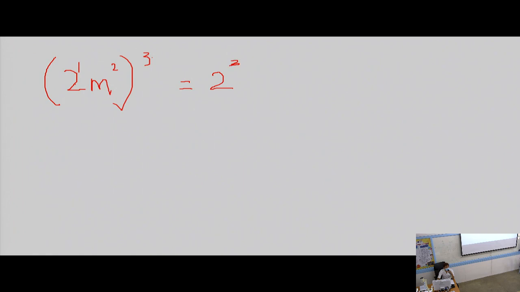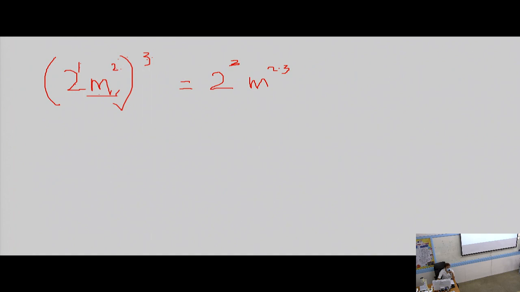How about m to the power of 2 to the power of 3? That is m to the power of what? 1 times 3, right? Because this is the exponent. The exponent of 2 is 1, so that is 1 times 3. While m, the power is 2.